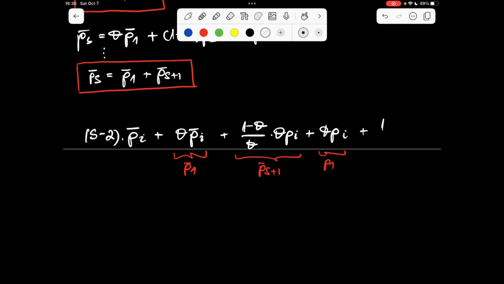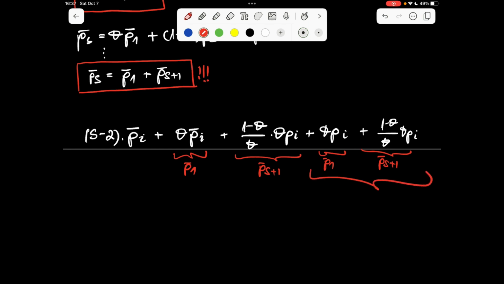I'm not repeating myself, I'm doing this on purpose, and please be aware that PS is the sum of these two elements.